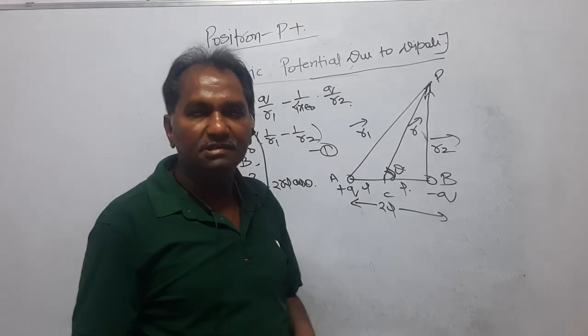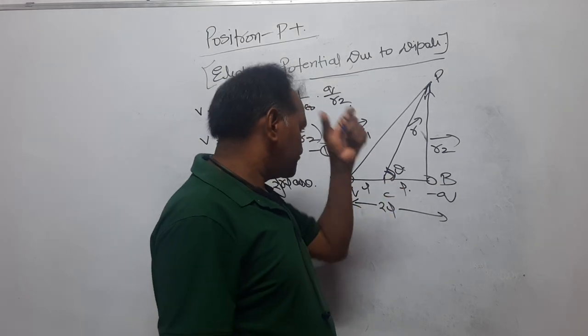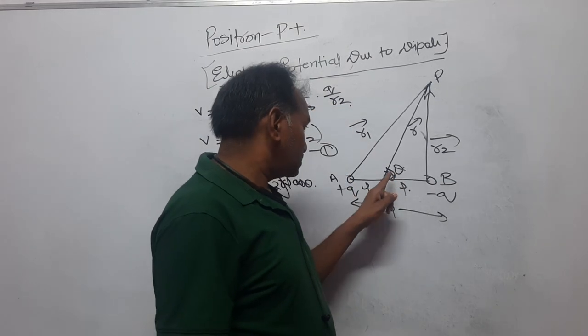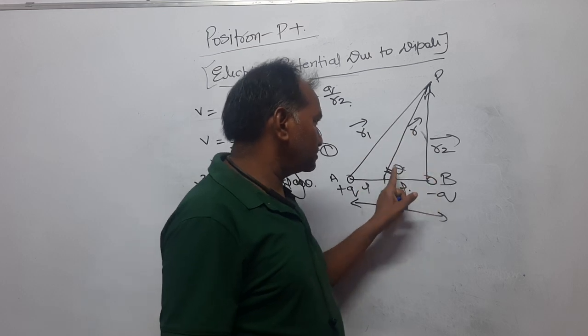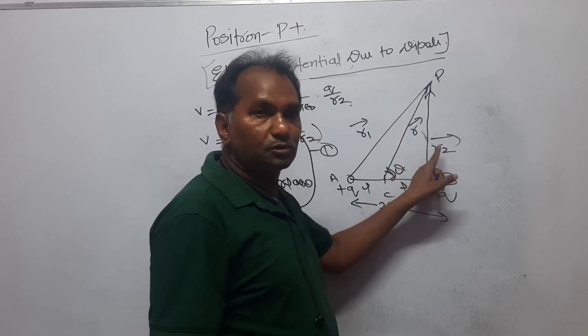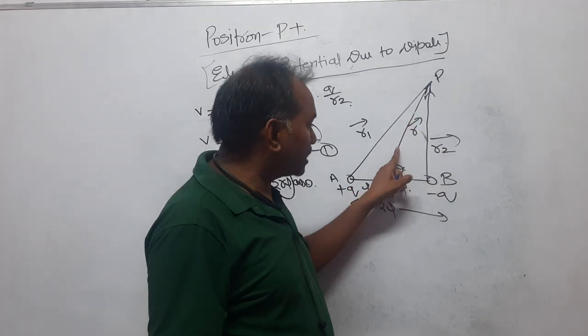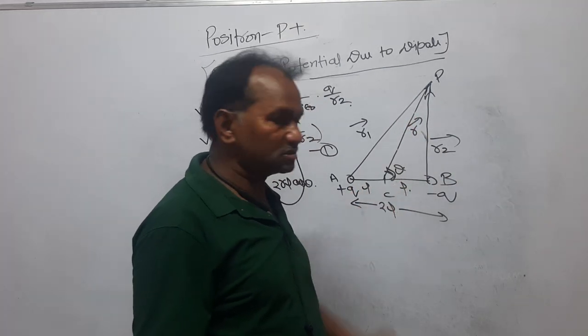If this angle is acute, then the cosine law becomes: the side in front of this angle is R2, so R2 square equals R square plus L square minus 2RL cos theta.